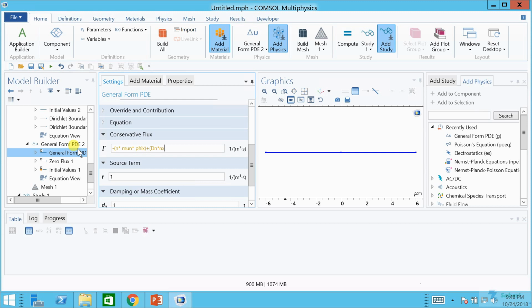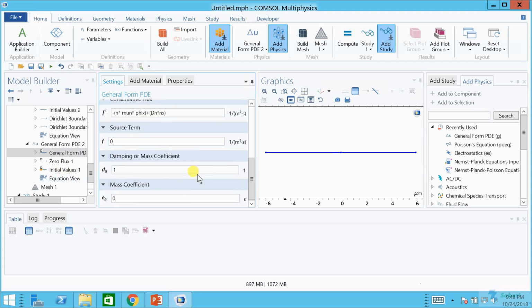So I'm going to put this in x. You could see over here there is no unit error, and the source over here is 0, and that's it.